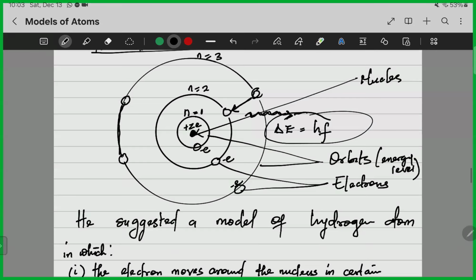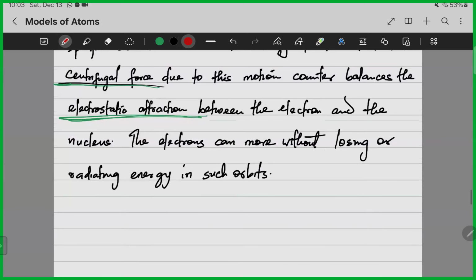But once they move from a particular orbit to a lower orbit, let me put that in red, that's a different scenario. Let's continue the statement: electrons can move without losing energy in such orbits. Those orbits are called possible orbits, or stationary states.